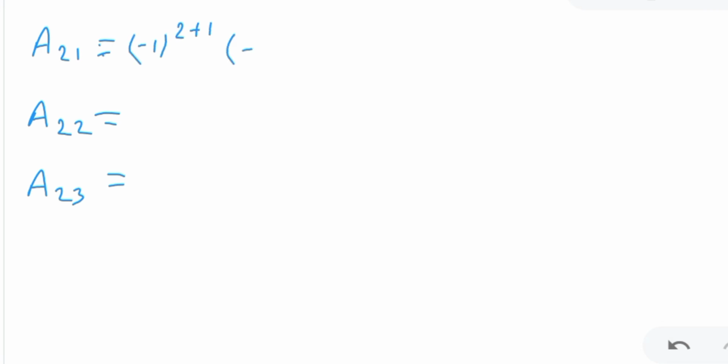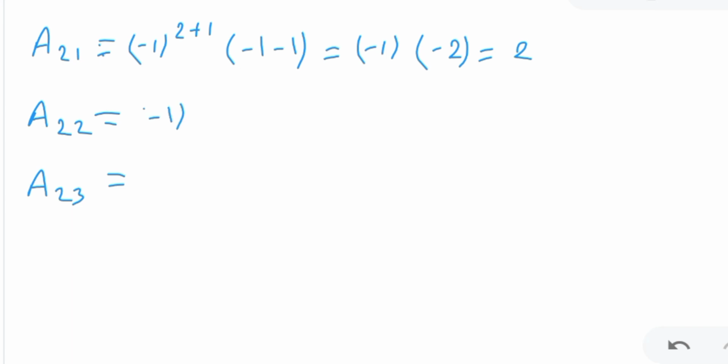You will do it by yourself, okay? So minus 1 to the power 3 will be minus 1, and minus 1 minus 2 is minus 2. So minus 1 into minus 2 is plus 2, correct?